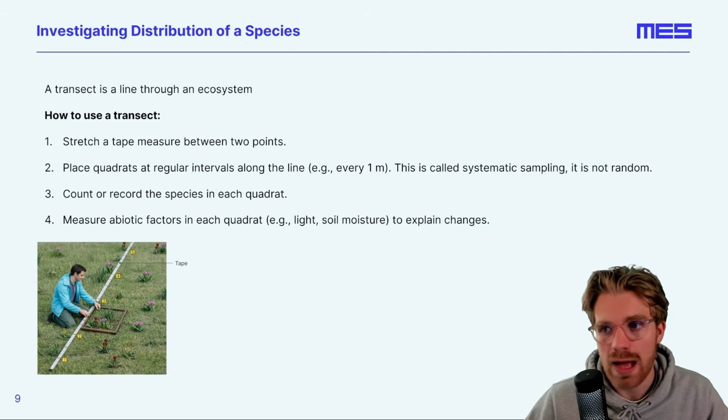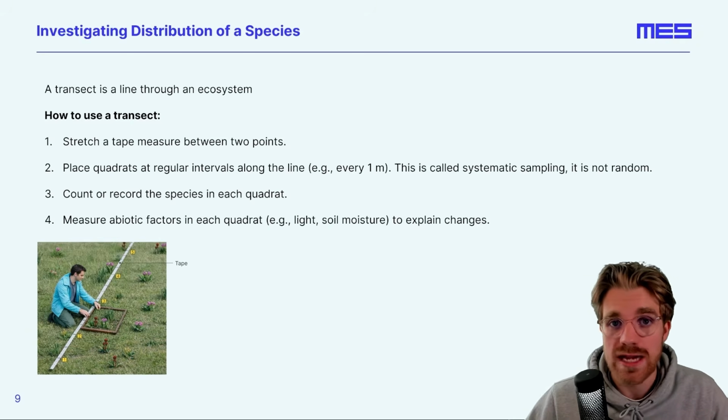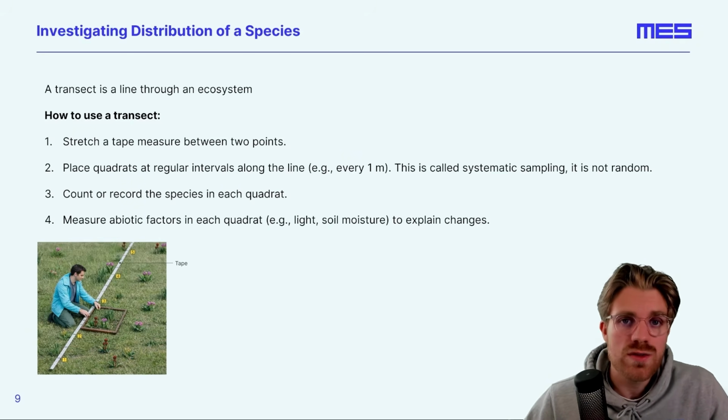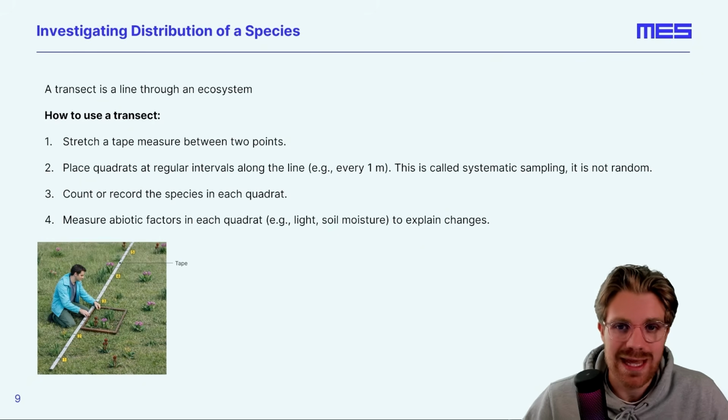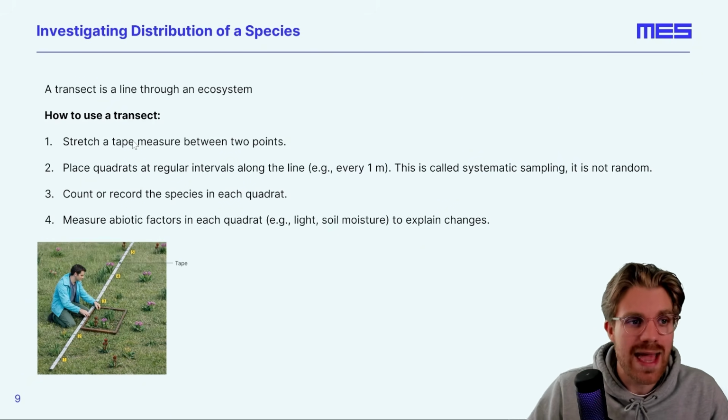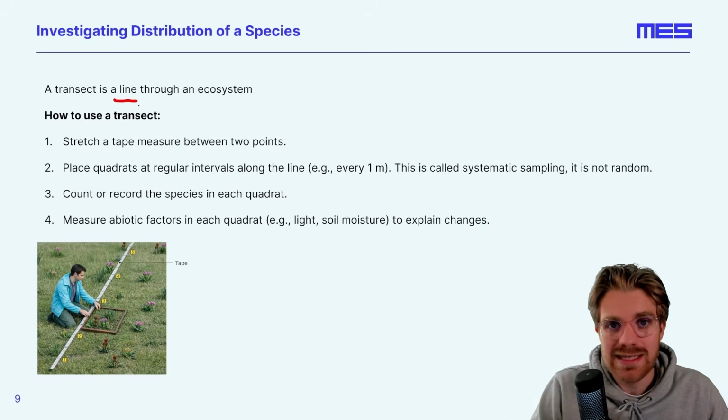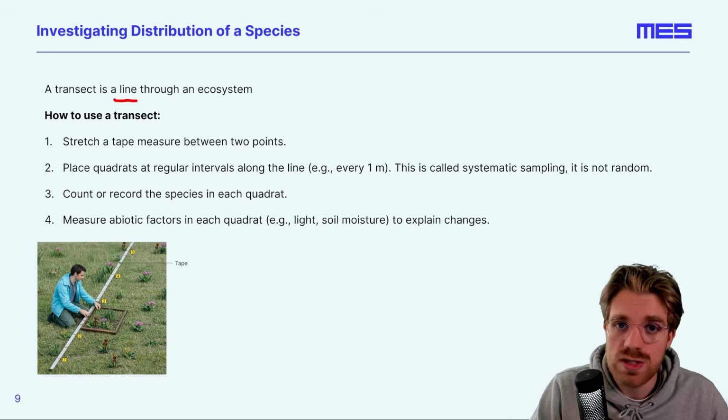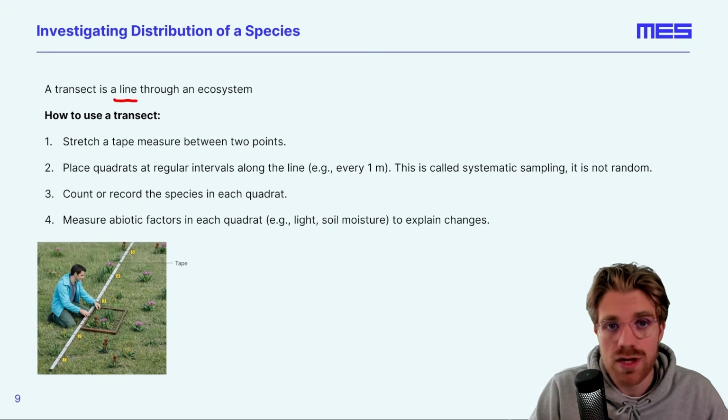For example, how the distribution of flowers changes moving away from the shade of a tree. Well, to do that, we are going to need to use a transect to investigate this distribution. A transect is very simply a line through an ecosystem. It's a single line along which we are going to take samples using a quadrat to count the number of individuals.